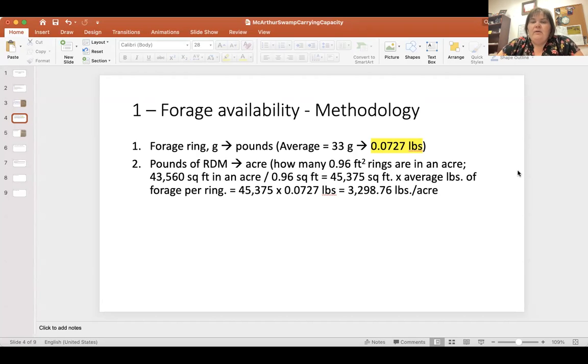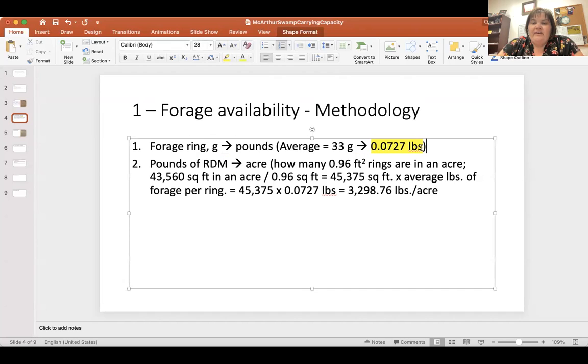All right, so now that we've got that figured out as step 1, our next step is to take that pounds value and try to figure out how many pounds are actually produced per acre.